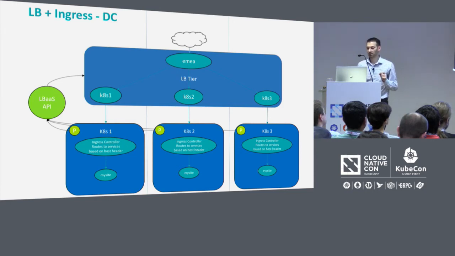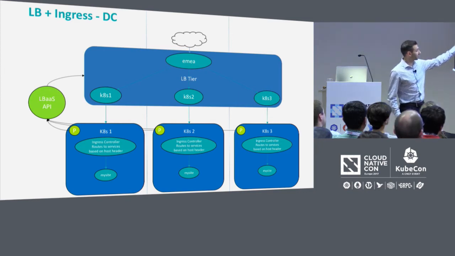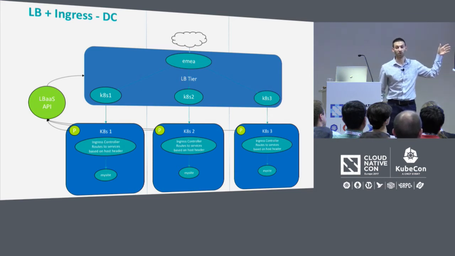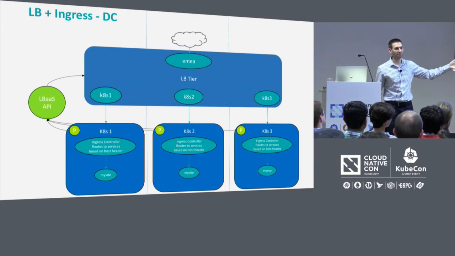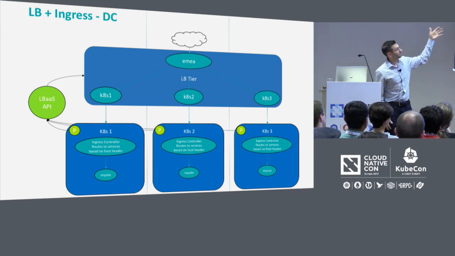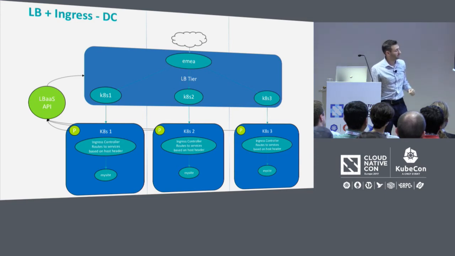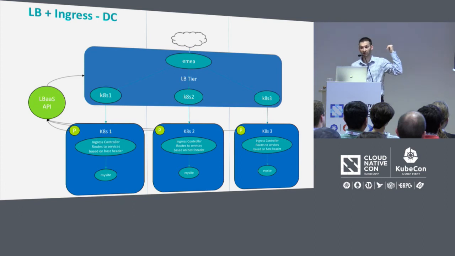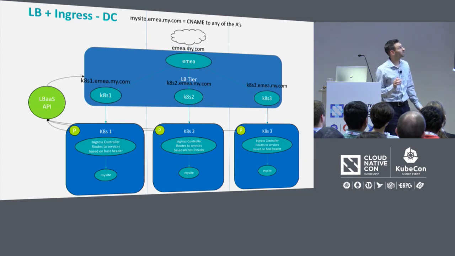So this involves a lighter weight version of our plugin that, instead of tying entries into the load balancer for every service running on Kubernetes, would just tie the Ingress controller service itself into load balancing, so that a small number of VIPs on the load balancer route directly to Ingress.